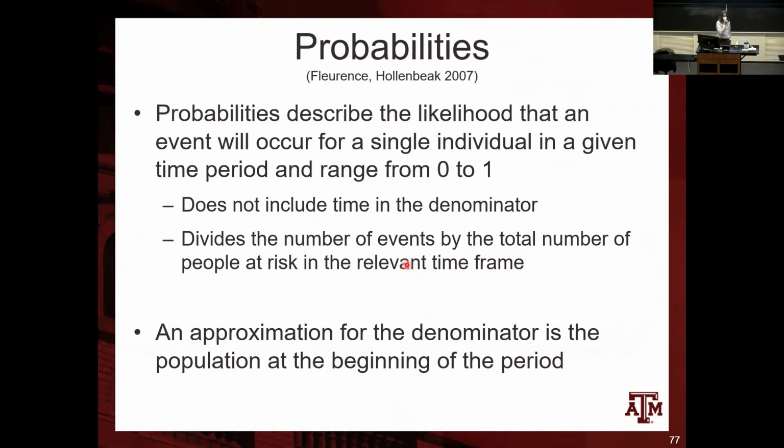And probabilities describe the likelihood that an event will occur for a single individual in a given time, and it ranges from 0 to 1. It does not include time in the denominator, so I don't care about person years. I don't care about that exposure that we had in the rates. It divides the number of events by the total number of people at risk in the relevant time frame.